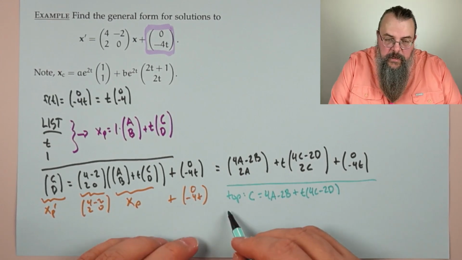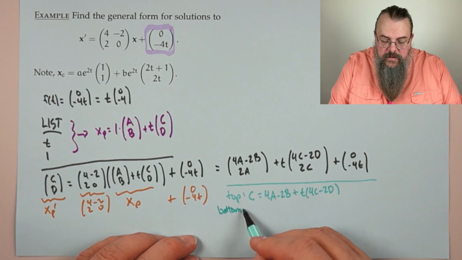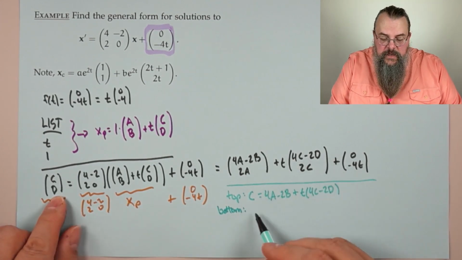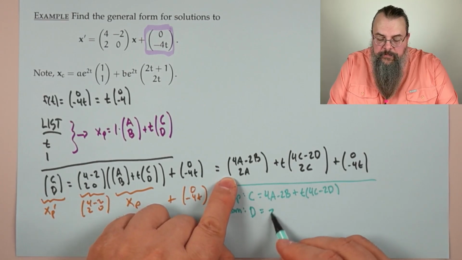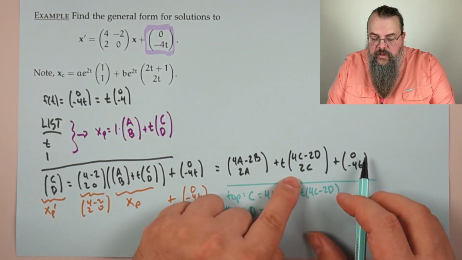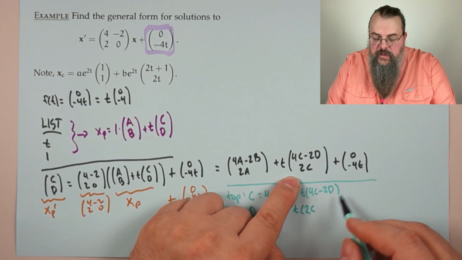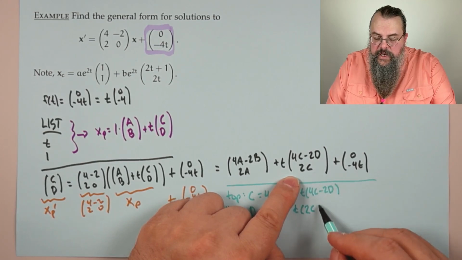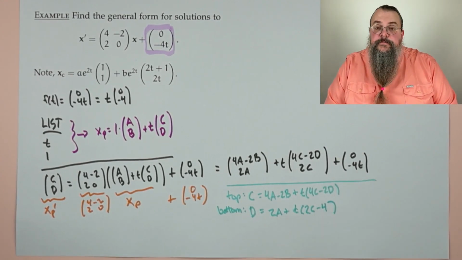And along the bottom, we'll have that d is equal to 2a plus t times 2c, and then minus 4, right? t times 2c, t times minus 4.